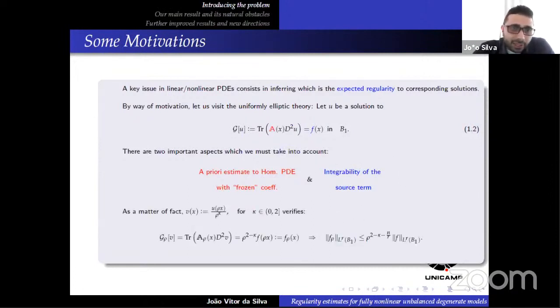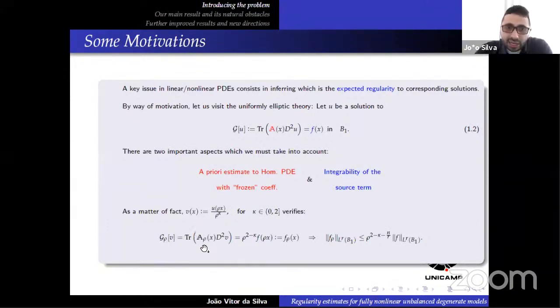And in this aspect, we can consider, for example, this scaled and normalized profile, where kappa is a constant between 0 and 2. When you compute exactly what PDE v satisfies, v does not satisfy the same PDE, but satisfies a PDE with the same properties in the following sense.